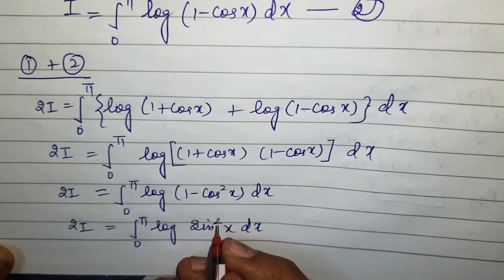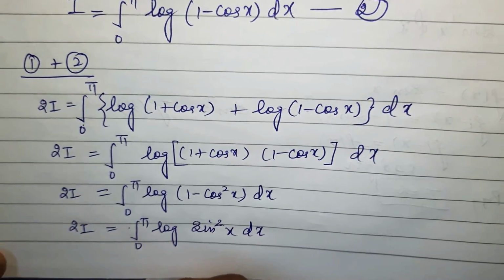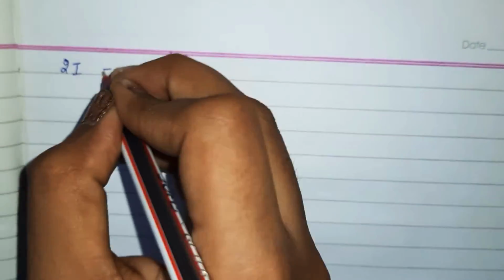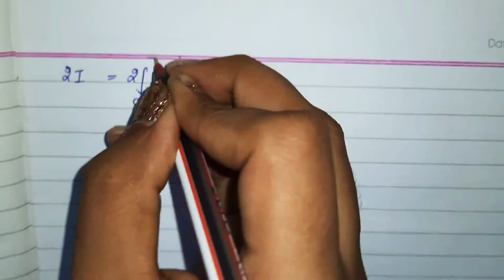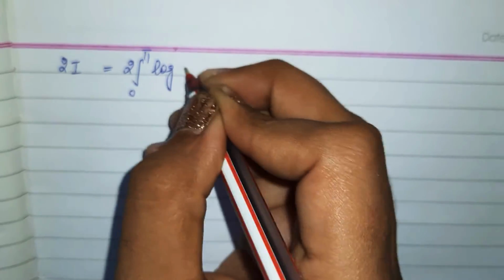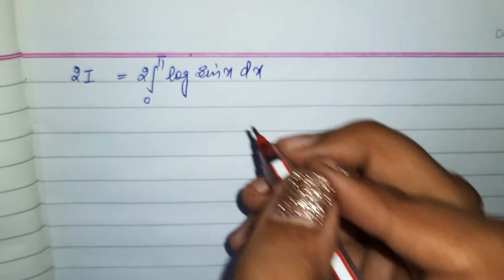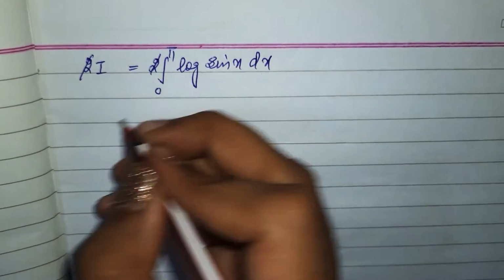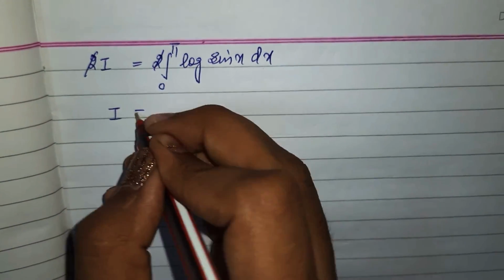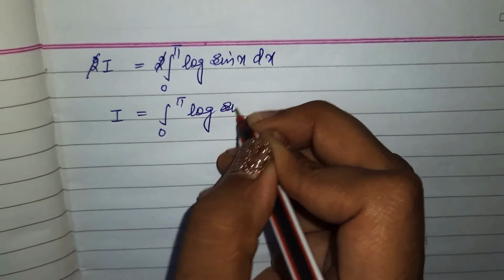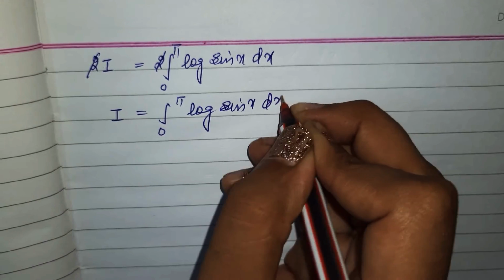Okay, this power can be taken here. If I take this power here, then 2I will become 2 times the integral from 0 to pi of log of sine x dx. So the 2 will cancel out. I will be getting the integral from 0 to pi of log of sine x dx.